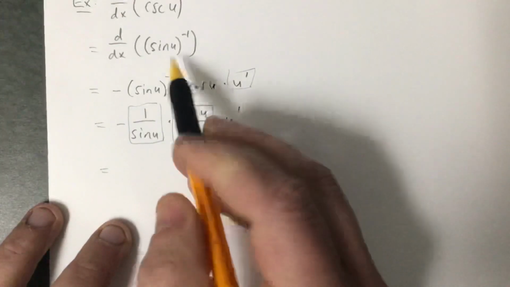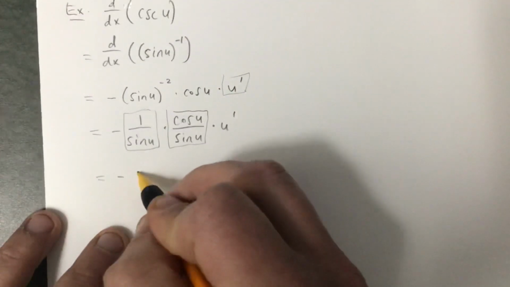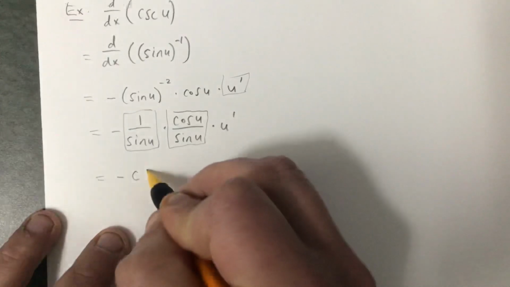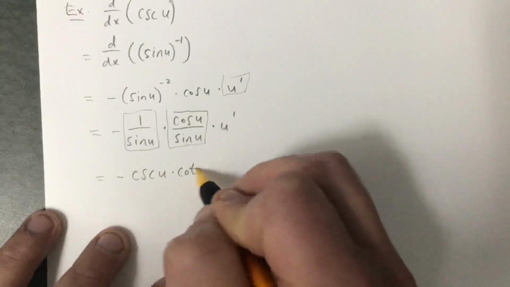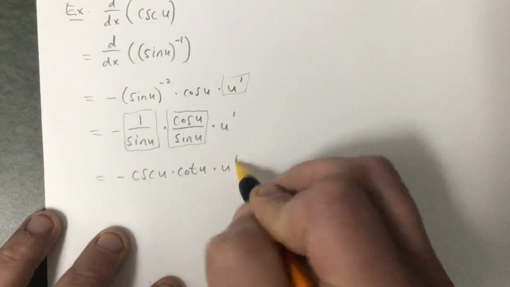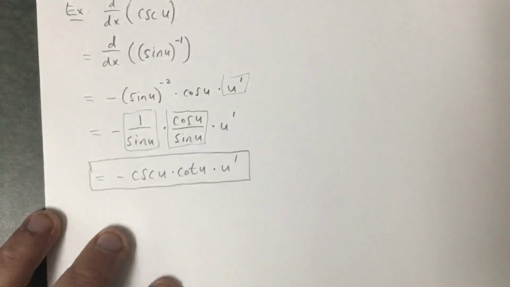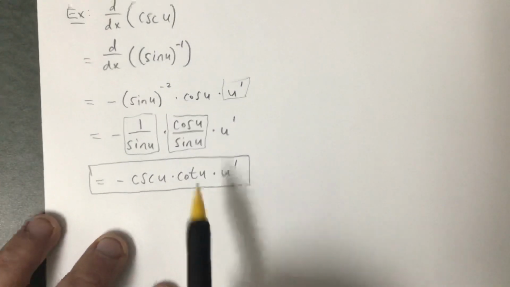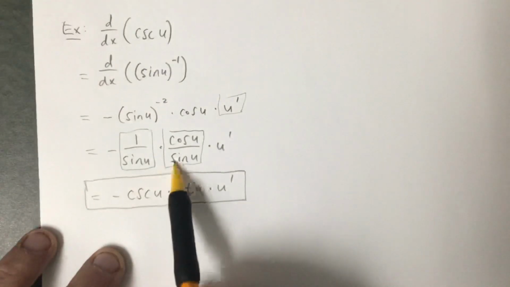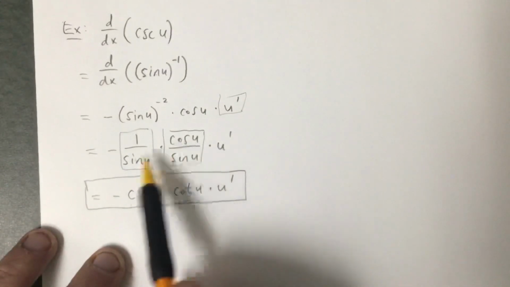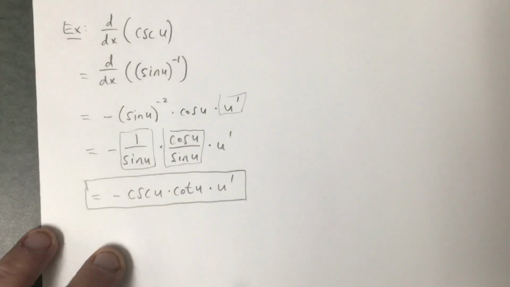So the rule, the derivative of cosecant u, is going to be negative cosecant u times cotangent of u times u prime. And there is our rule. One way I try to remember this is I know this is sine on the bottom, and there are two sines on the bottom and a cosine on top. So it's going to be cosecant and cotangent for that one.